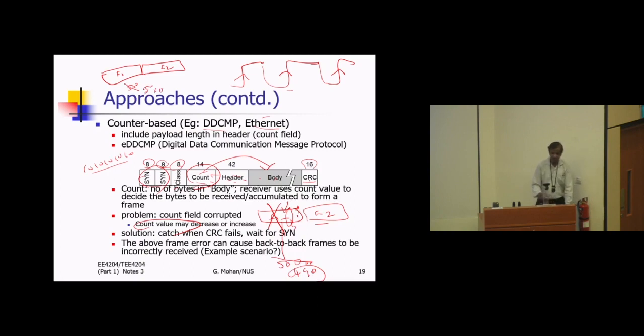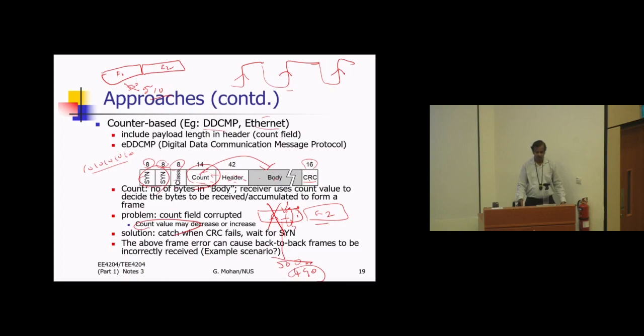Earlier 500 was decreased to 490, but now during propagation some bit value has changed, some 0 has become 1, and the value has increased to 510. The sender says 500, but when the receiver receives, it finds that the count shows 510.